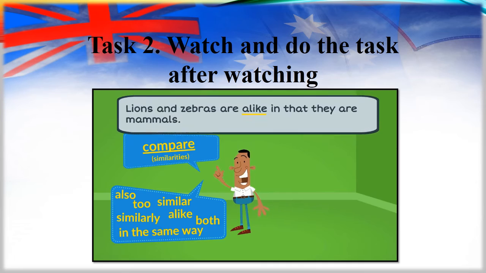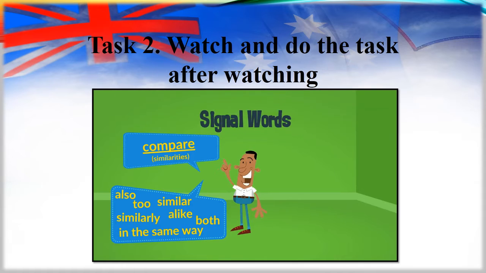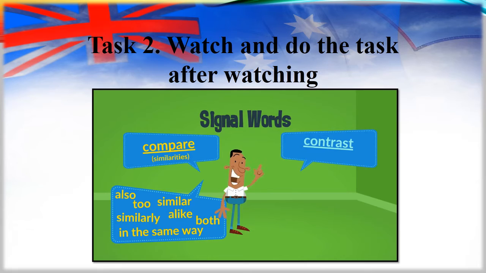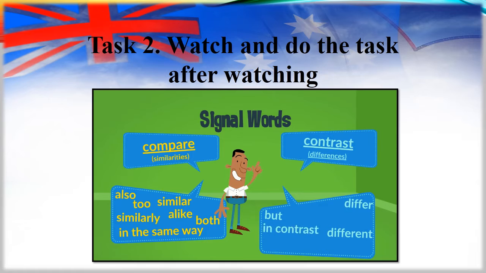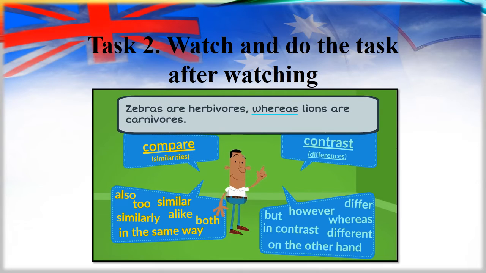For example, lions and zebras are alike in that they are mammals. These words or phrases are used to contrast, that is, to highlight differences: but, different, differ, in contrast, whereas, on the other hand, however. For example, zebras are herbivores, whereas lions are carnivores.